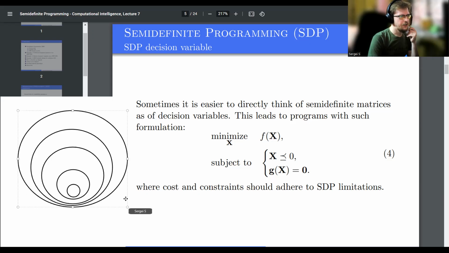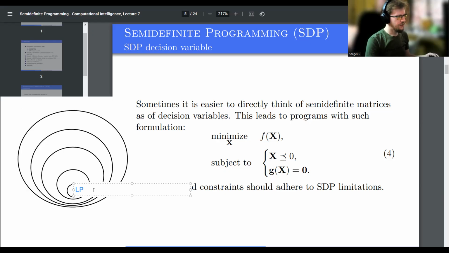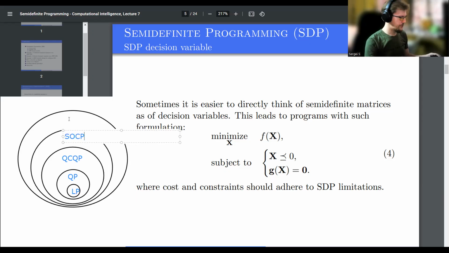This is often how we envision it. So if this is LP, QP includes LP, QCQP includes all of those, SOCP includes all of those, and SDP finally includes everything that we saw previously.